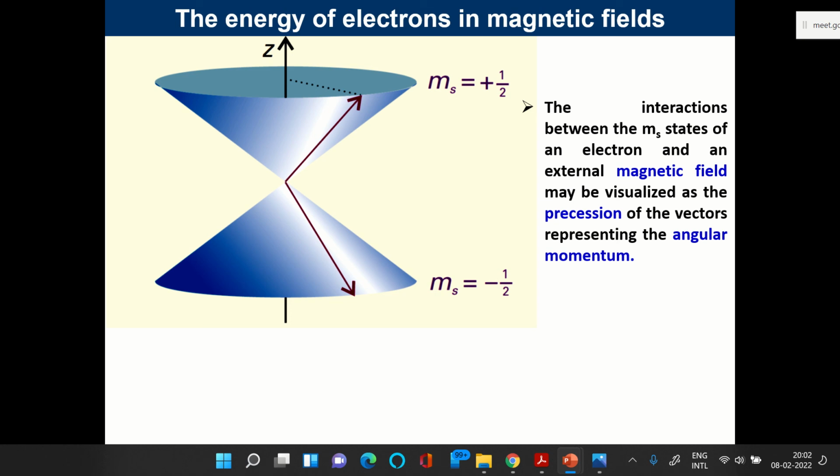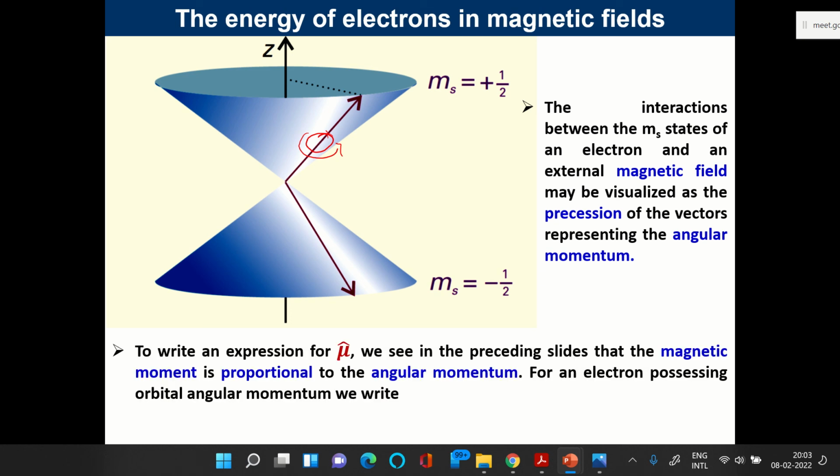The electron is a particle and it is already moving like this, and you curl your fingers and it is pointing like this. So this vector is now moving around the z axis. That is the precessional motion of the vector. In the other case, it will make a cone like this on the lower half of the picture.